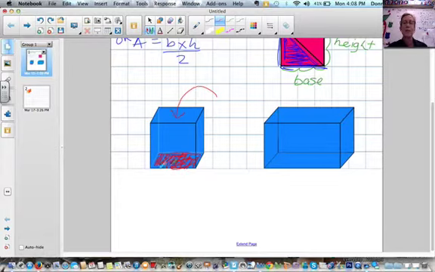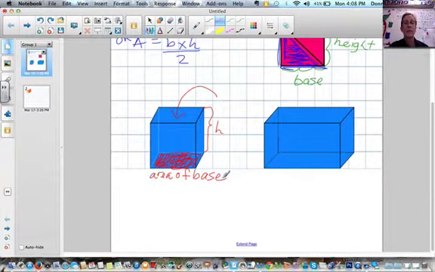It's just another name for the sides. So whatever face it sits on, we're going to refer to that as the base. So in this case, we're going to calculate first the area of the base, and then we'll multiply it times the height. Okay, so down here, this is the area of the base.